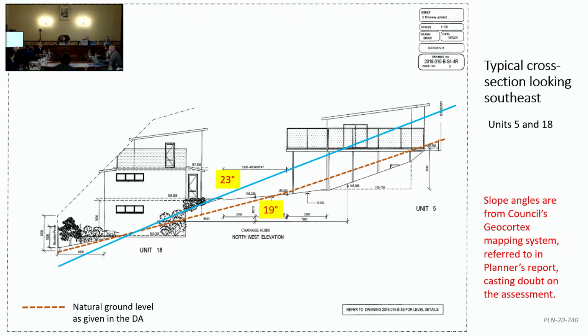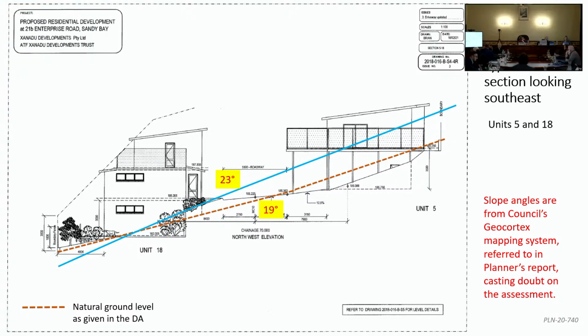Now, those two angles are actually picked up in the officer's report. They've checked the GeoCortex mapping system and have found that there are in fact discrepancies, but they've been unable to assess the documents based on these discrepancies because they did not have the time, due to the time pressure forced upon us by the developer. So we're going to just take you through that tonight.